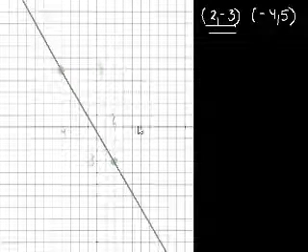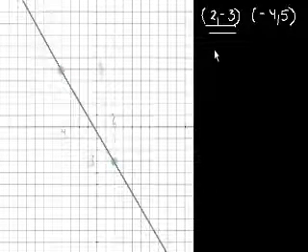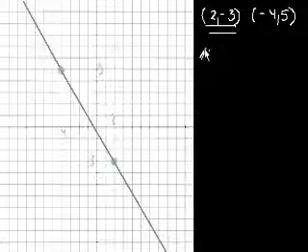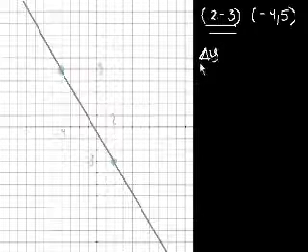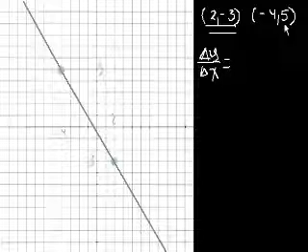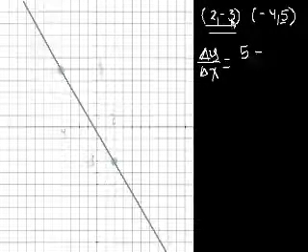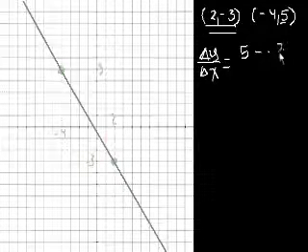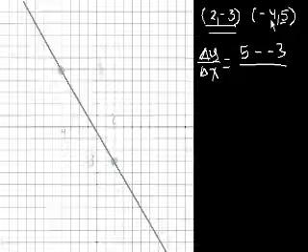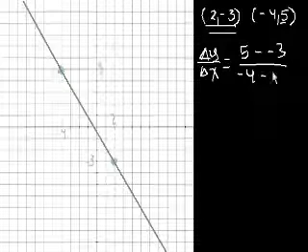All right, so first we need to figure out the slope. Well, we could just do that doing the algebra. So slope is just delta y over delta x, change in y over change in x. Let's take this y as the first point. So we'll say 5 minus negative 3, over, since we used the 5 first, we have to use the negative 4 first as well, negative 4 minus 2.